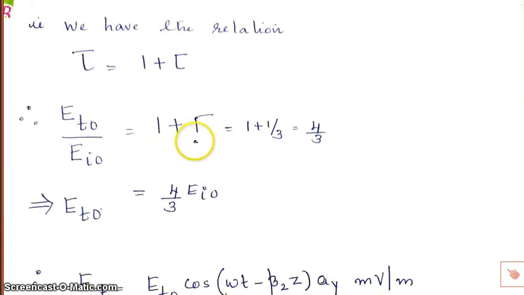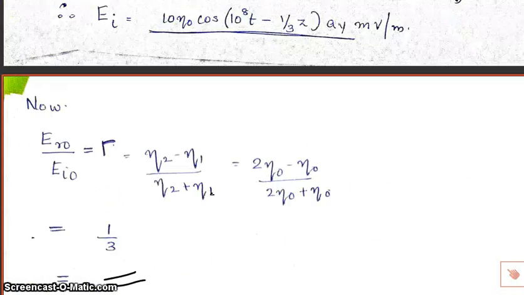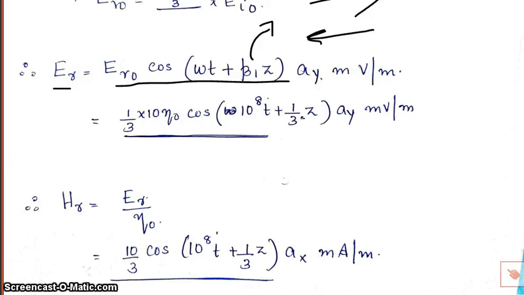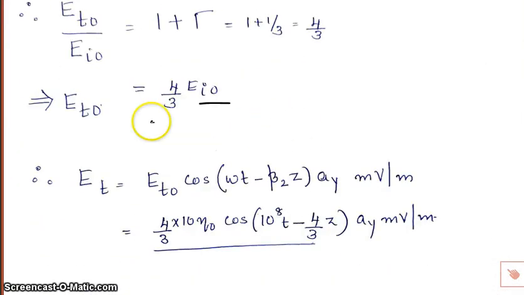The reflection coefficient we have already evaluated, that is 1 plus 1 by 3, that is 4 by 3 finally. So from that, E_t0 is equal to 4 by 3 E_i0. And what is E_i0? It is 10 eta naught. So you can substitute it, and finally you can find E_t.